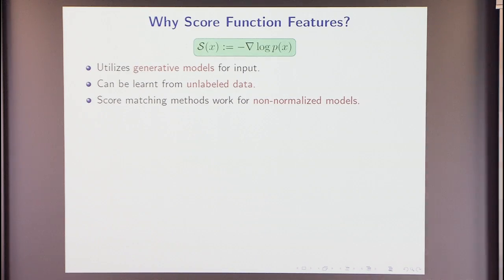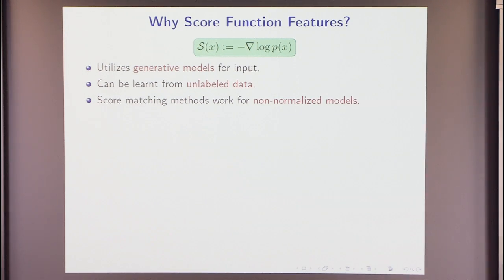These score functions have been used before as features in many settings. And the strength of these methods is that they work even for non-normalized models. If you posit restricted Boltzmann machines, where the partition function is intractable, and you look at this gradient, the partition function disappears. So they become tractable for estimating non-normalized models. That's the context where score functions have been used before.